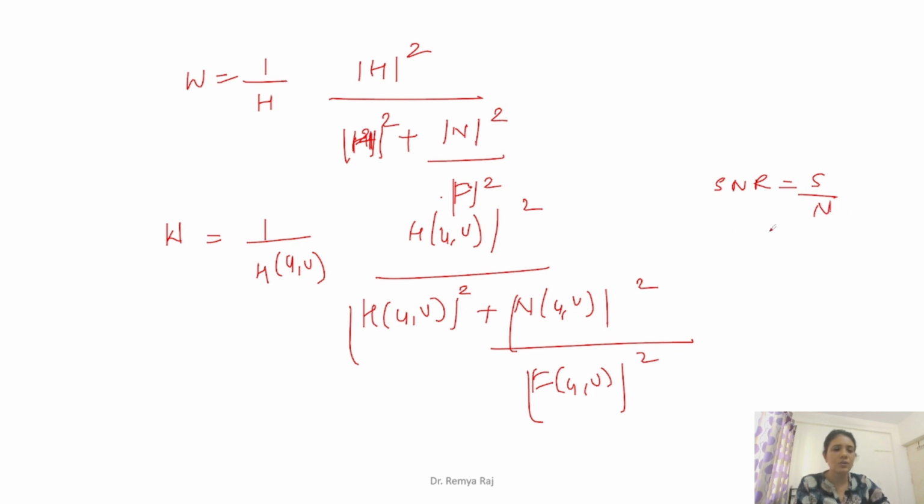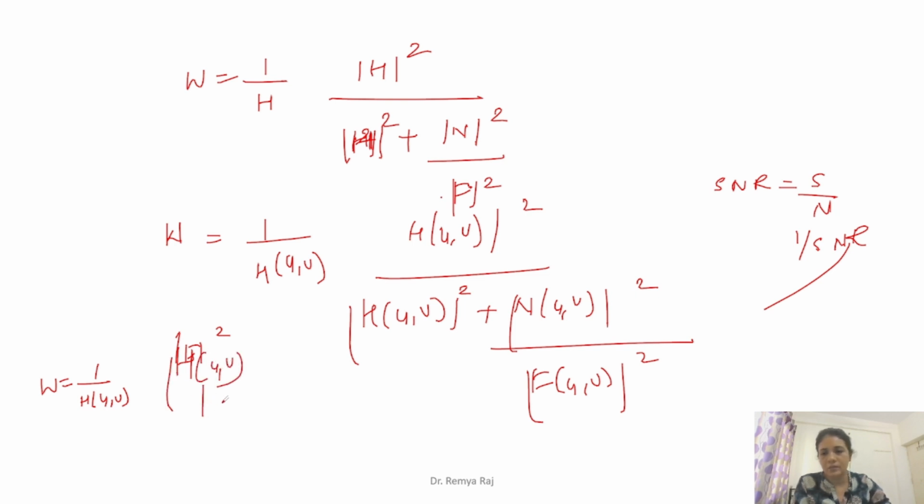So this can be written as W equal to 1 by h of u comma v into h of u comma v the whole square divided by h of u comma v the whole square plus 1 by SNR.